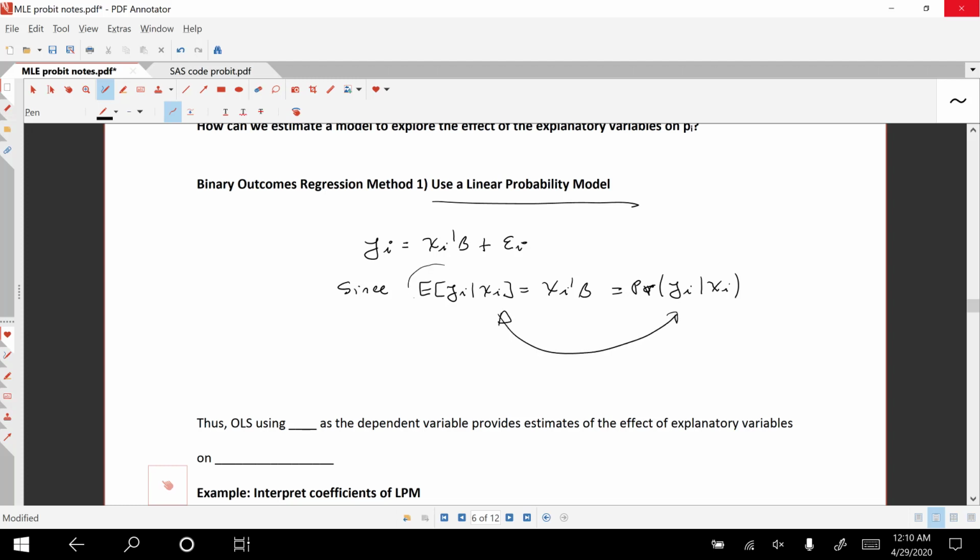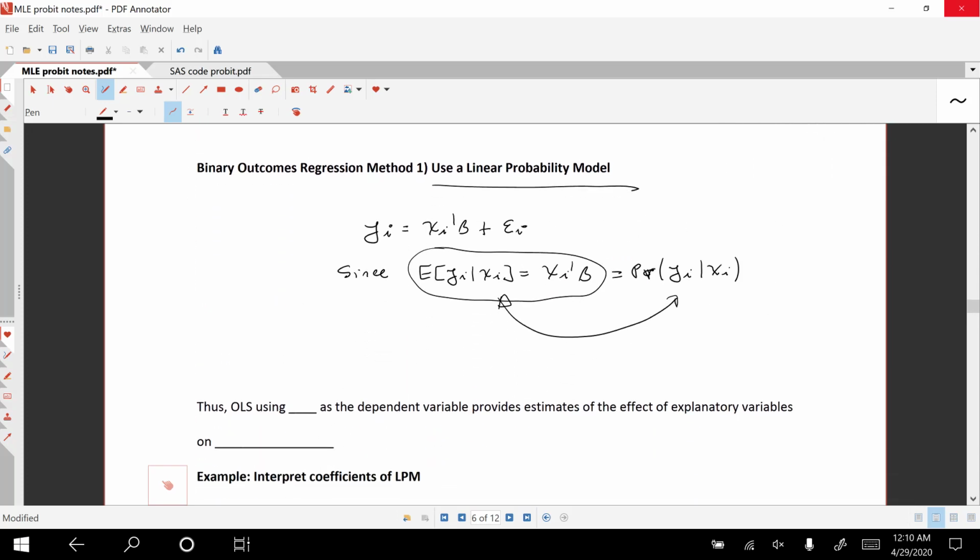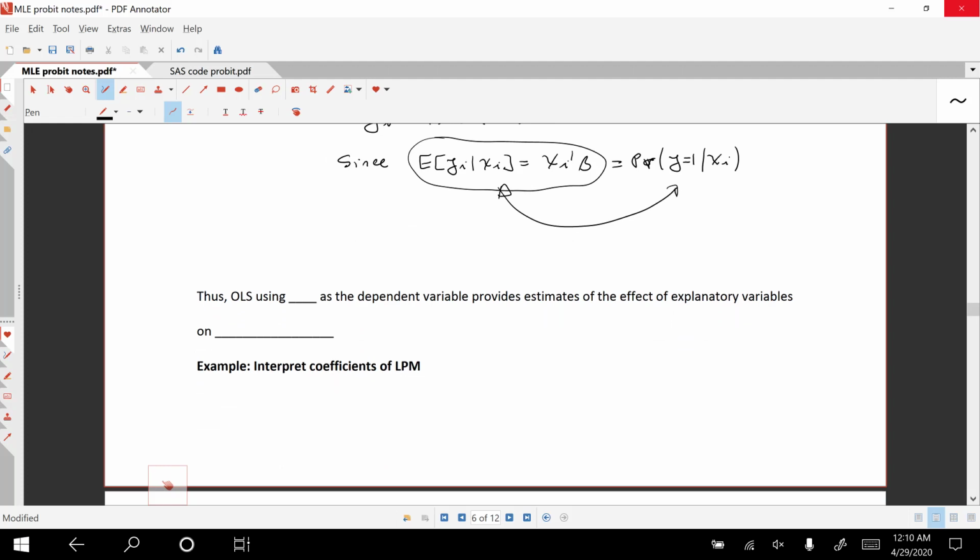Remember, this first part is what we've been doing, but knowing that the expected value of yi conditional on xi is equal to the probability that yi is equal to 1 conditional on xi is what is going to allow us to interpret the coefficients of the linear regression model, which is called the linear probability model, in a correct manner.